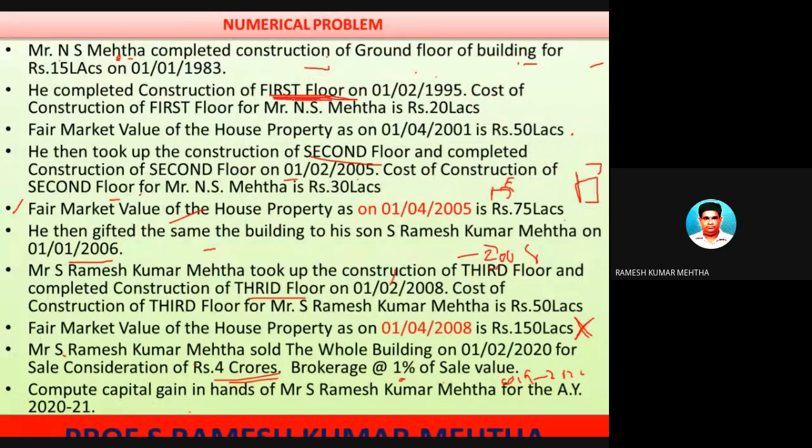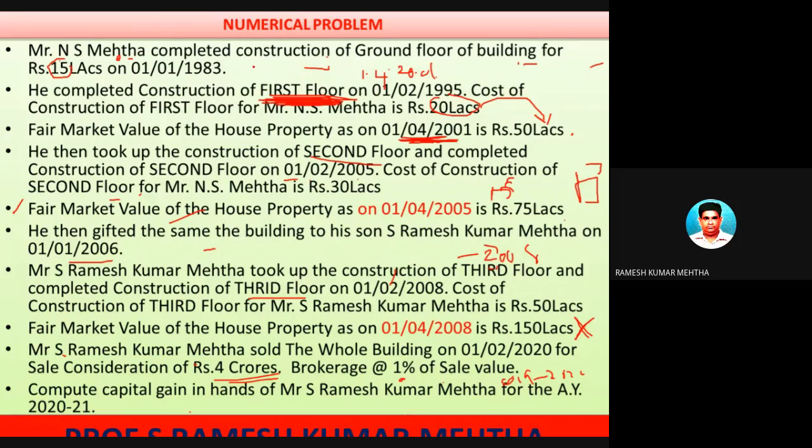Just remember this rule: any improvement which has taken place before 1/4/2001 should not be taken into consideration, because this value of 20 lakh rupees and this value of 15 lakh rupees, which were incurred before 1/4/2001, are included in the fair market value. Hope you have understood it.